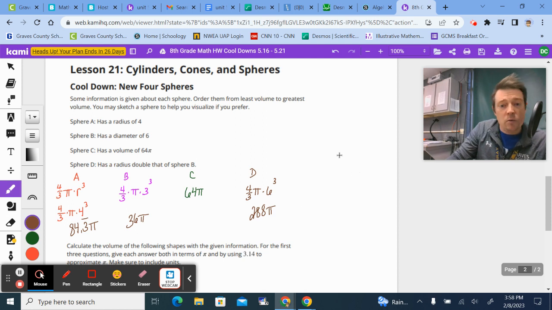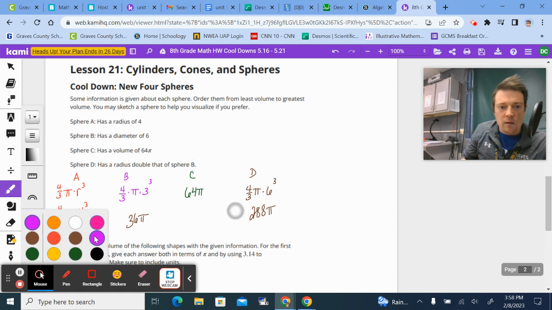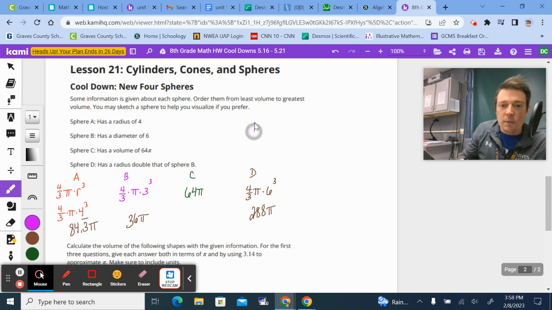The smallest one is 36, so our first in our order would be B. Now that that one's out of the way, the next smallest is 64, which is C. And then the next smallest would be A. And then the largest is clearly D, with that huge 6 radius for its sphere.